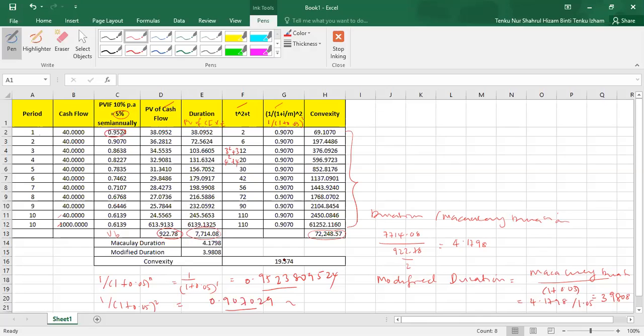Now we go for the last calculation, for convexity. You already have the total of convexity.